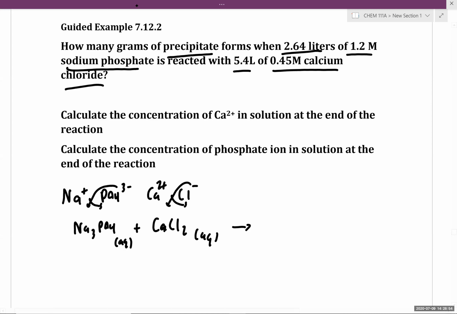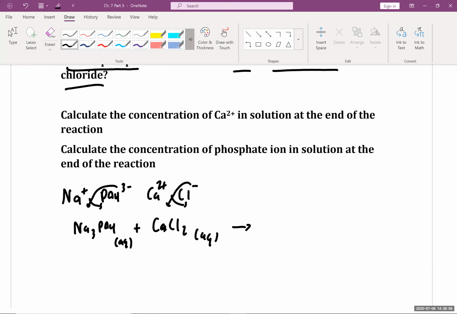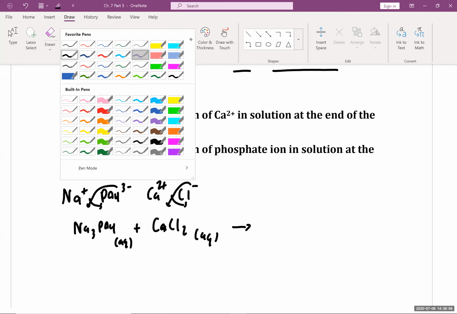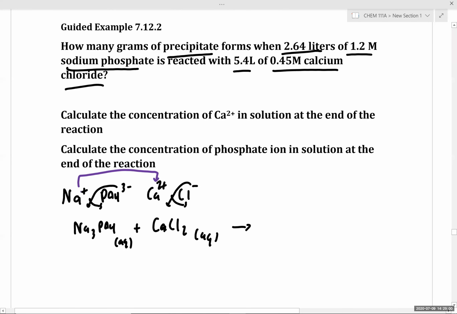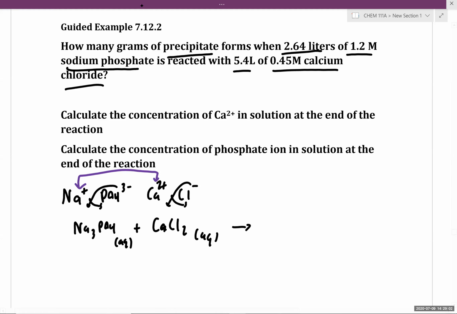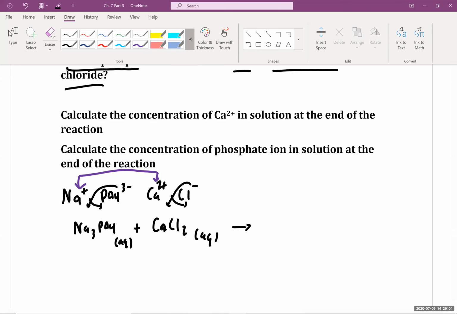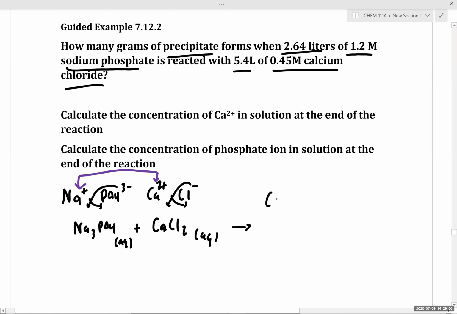Now, if we want to predict the product of a precipitation reaction, we attempt to exchange our cations, and we write the formulas of our new exchange products. So if we have calcium 2 plus and phosphate, which is PO4 3 minus, that gives us calcium 2 with 3 phosphates.